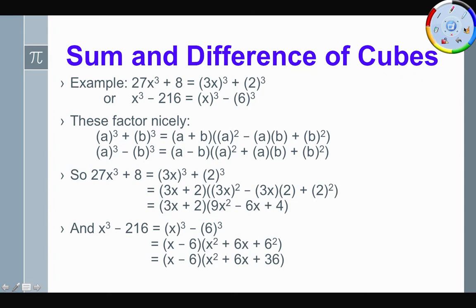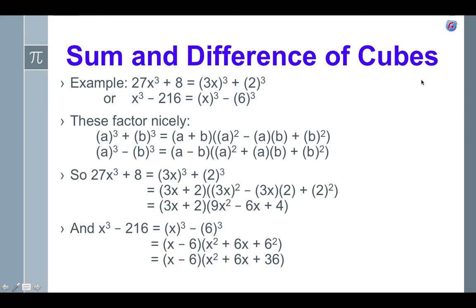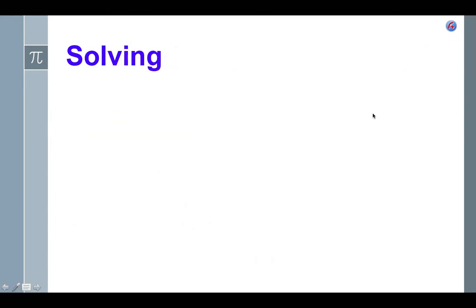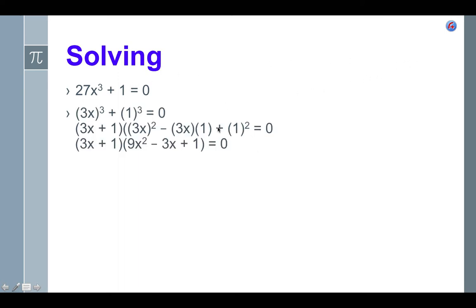All right, so what does that mean in the world of solving equations? So if I was to give you a statement like this, 27x cubed plus 1 is equal to 0. Well, we don't know a way of solving this outside of trying to factor. So we would factor it as we just did. In this case, 27x cubed is 3x to the third power, and 1 is 1 cubed.